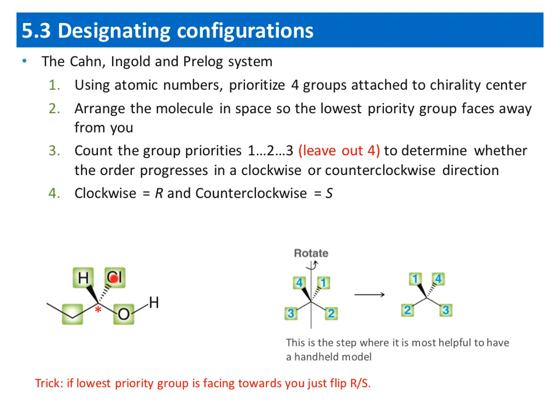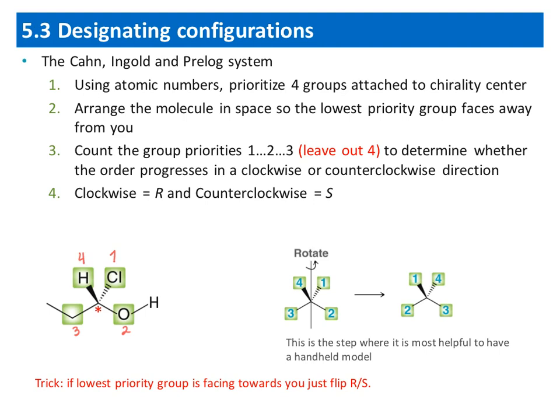We have chlorine attached to it, oxygen, carbon, and hydrogen. The atomic number for chlorine is 17, oxygen is 8, carbon is 6, and hydrogen is 1. So the order would be 1, 2, 3, 4.